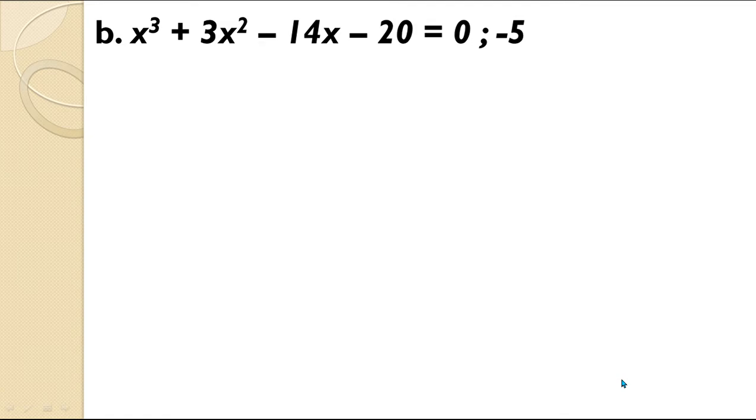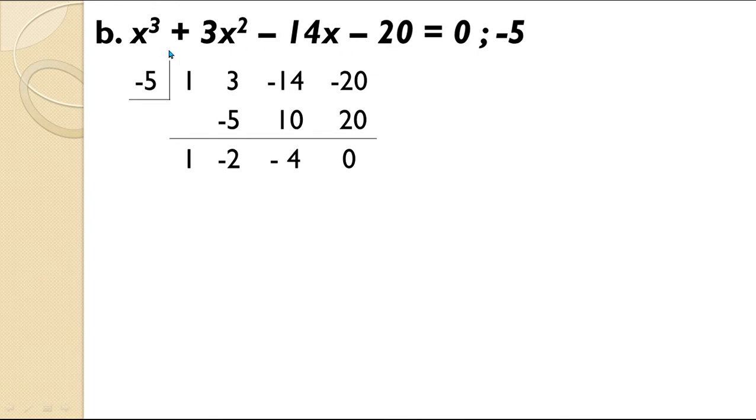Second example, we have x cubed plus 3x squared minus 14x minus 20 is equal to 0. The first given root is negative 5. So, the same process, get all the numerical coefficient and replace 0 sa ating missing terms.